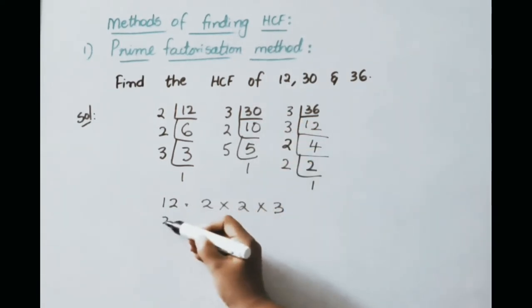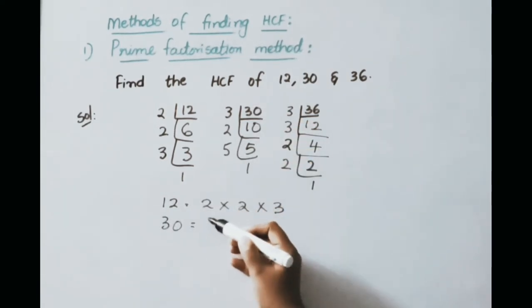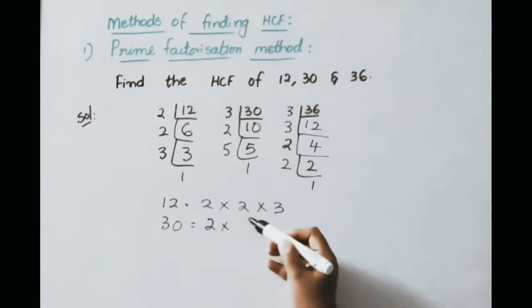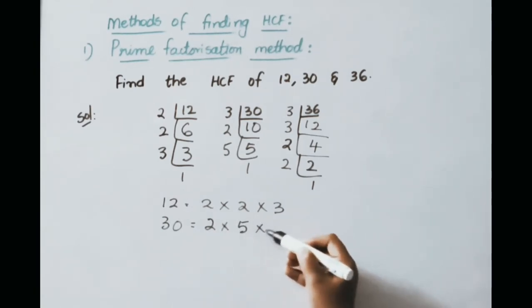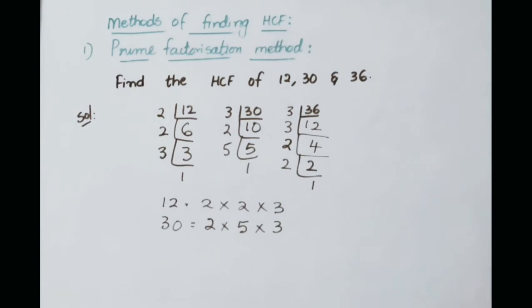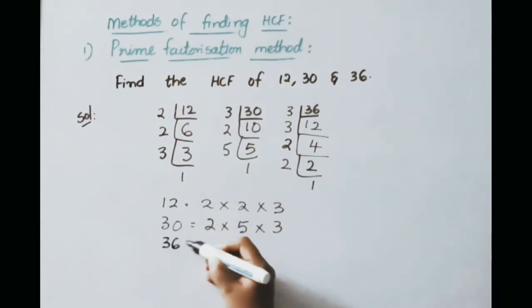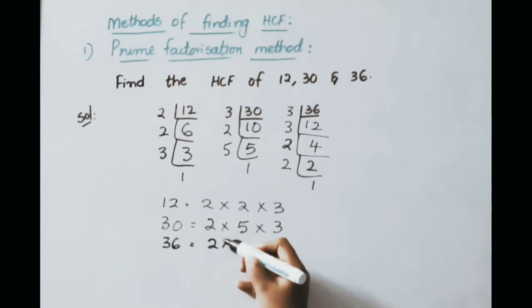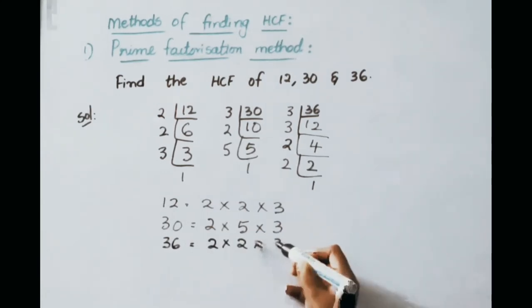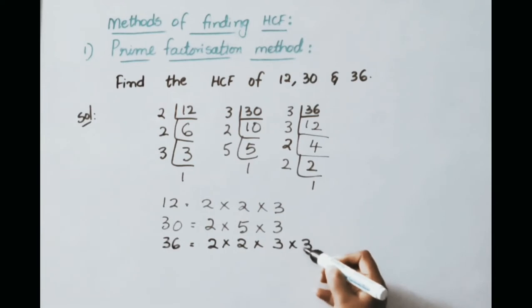Next 30. Factors 2 into 5 into 3. Next factors for 36. 2 into 2 into 3 into 3.